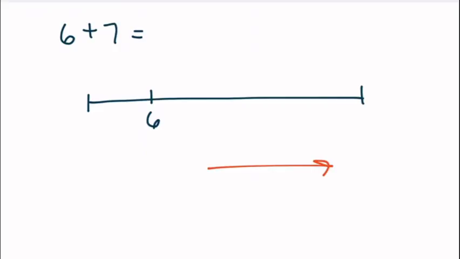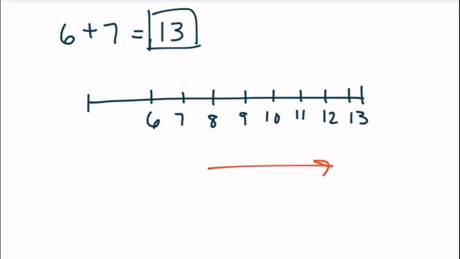So for this equation, we're going to the right 7 times. 1, 2, 3, 4, 5, 6, 7. So that's going to be 7, 8, 9, 10, 11, 12, 13. Therefore, 6 plus 7 equals 13. And that's our answer.